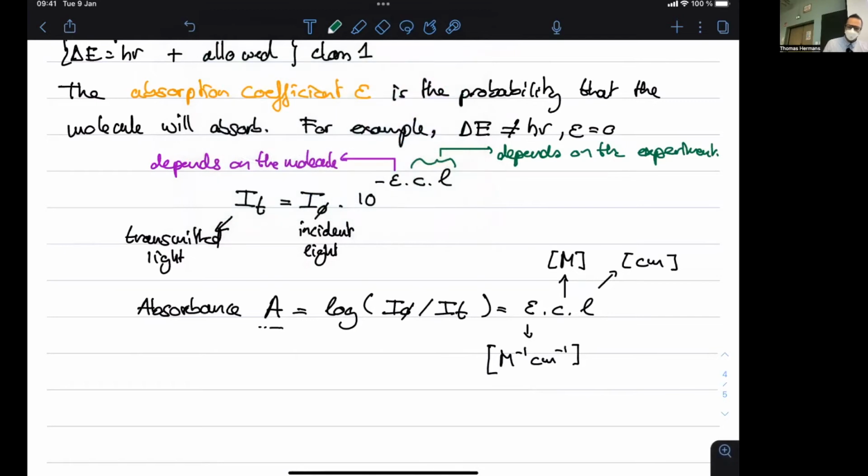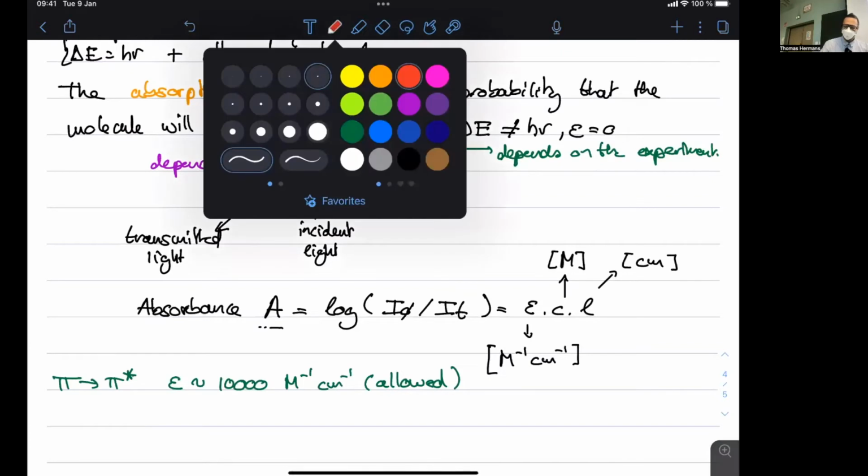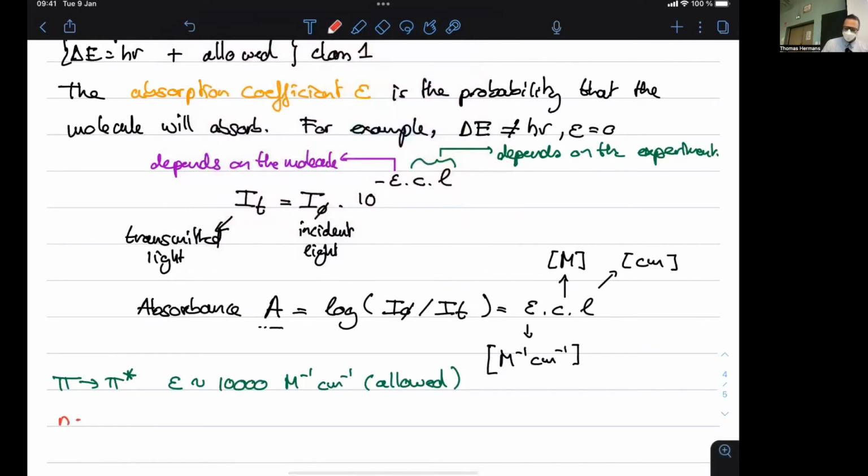Okay. So for example, for this pi to pi star, the absorption coefficient is about 10,000 per molar per centimeter for an allowed transition. Whereas for example, n to pi star, the most common forbidden transition, it's 10 to 100 per molar per centimeter.